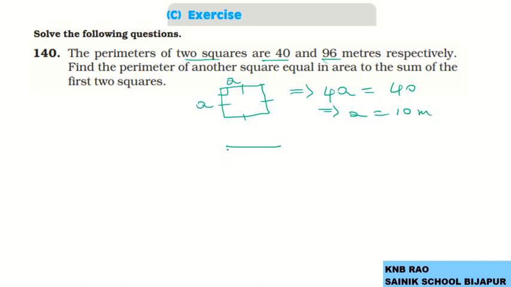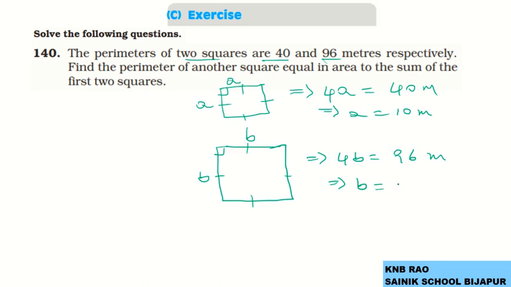Similarly, I have another square where the side is B, and the perimeter is given as 96 meters, so B equals 24 meters.